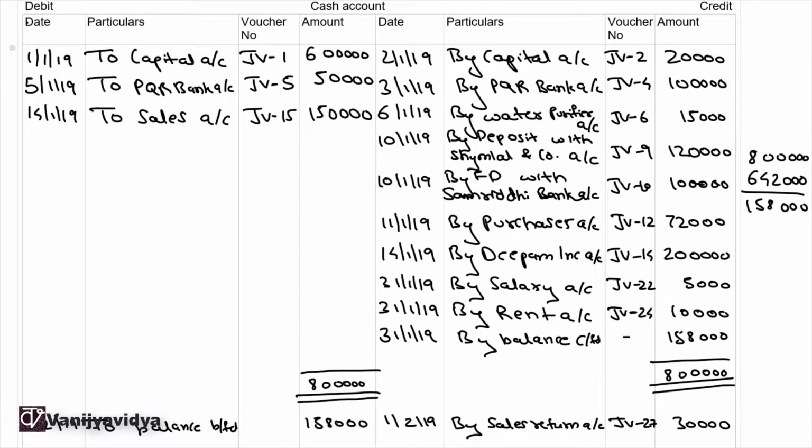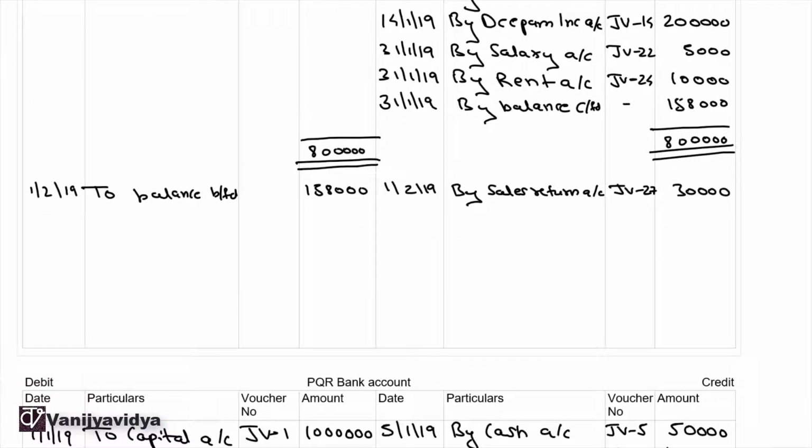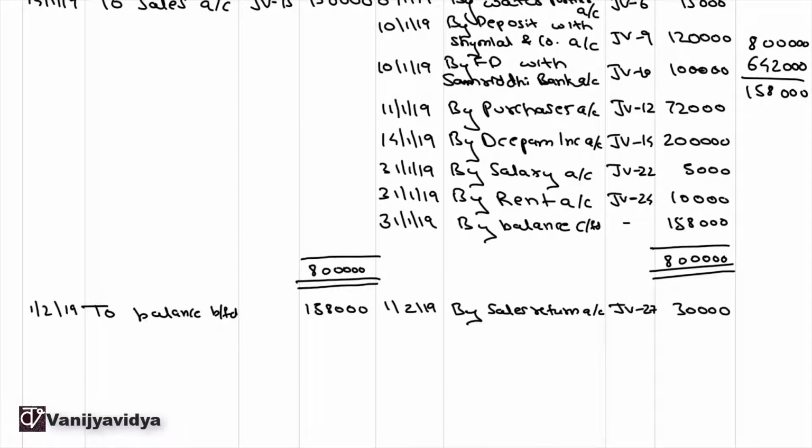Now we will be closing all the ledger accounts one by one as on the date of your last journal entry, that is as on 4th Feb 2019. So this first account is a cash account. Now let's see. Cash account opening balance as on 1st Feb 2019 was 1,58,000. And then on 1st Feb 2019 there was one sales return entry of 30,000.